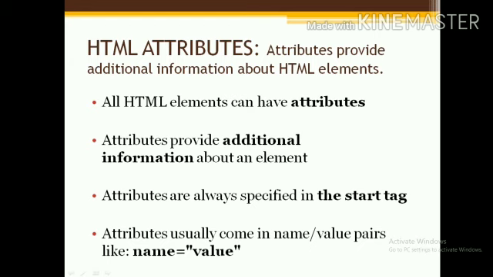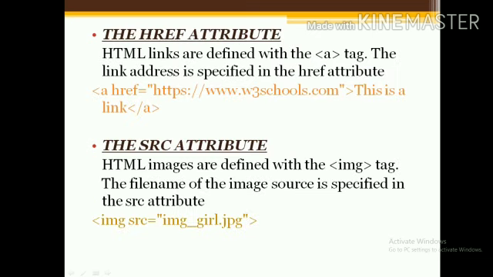Everyone, like body has an attribute, like image, your heading, paragraph. Same as an image has its own attributes. Attributes can also be specified in the start tag. An attribute usually comes in a name, value pair, like name equals value. These are your attributes.